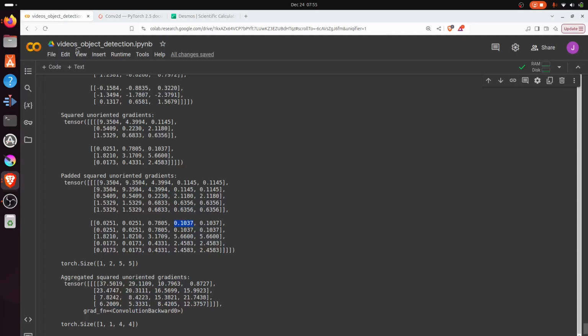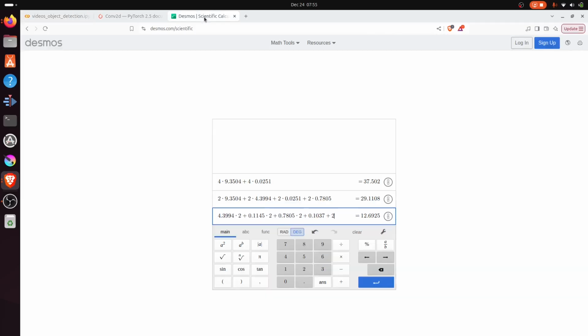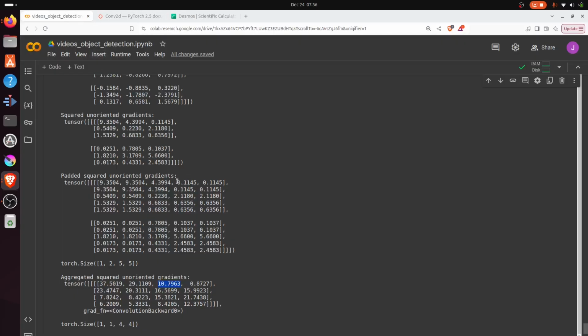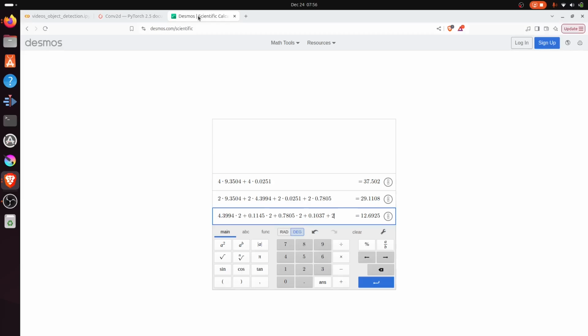So now we have this 12.69, which, oh wait a second, what happened? Something is wrong. What we did was move to the right and multiply this twice, 4.3994, and we did the same with 0.1145.